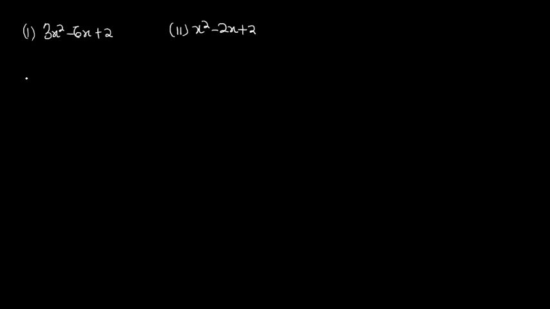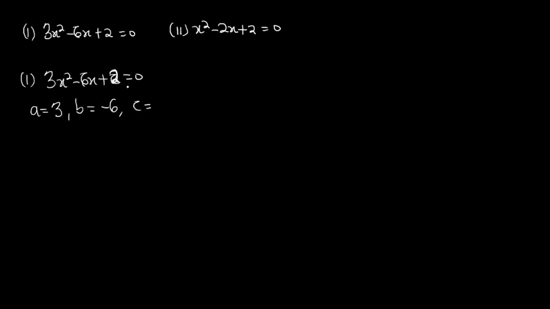In order to use the quadratic formula, we have the equation 3x squared minus 6x plus 2 is equal to 0. That means my a term, which is the coefficient of the x squared term, is 3. My b, which is the coefficient of the x term, is minus 6.